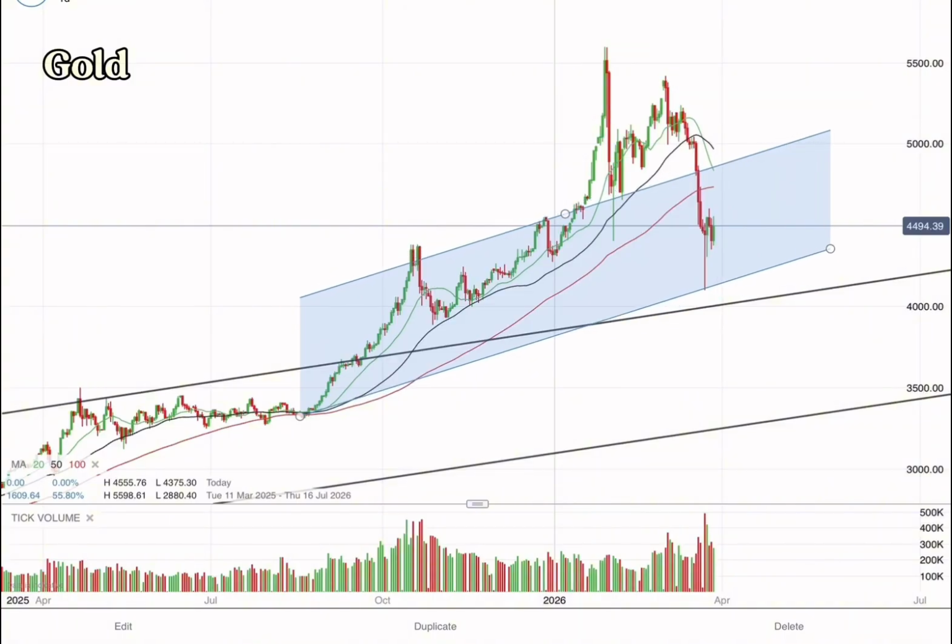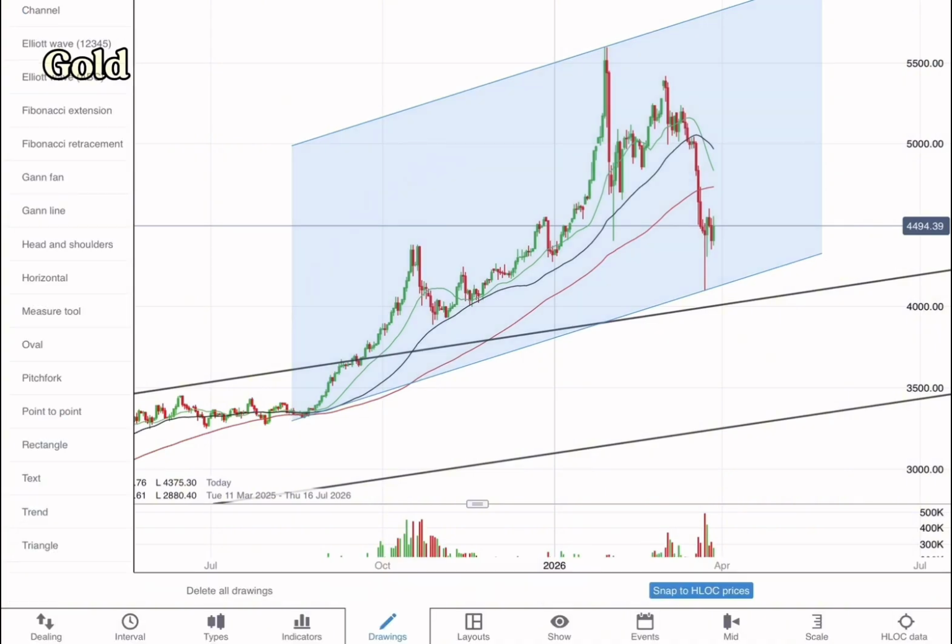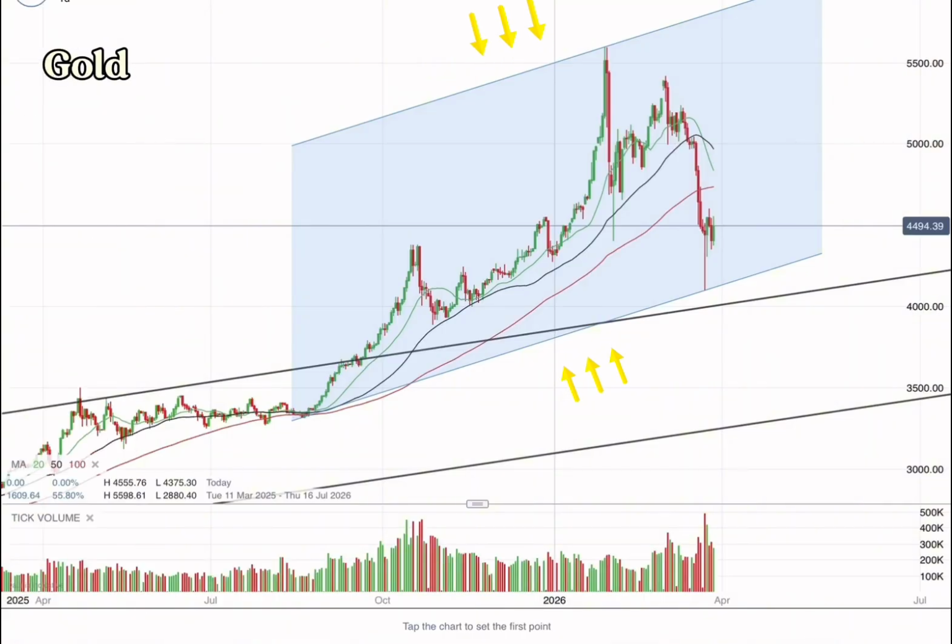So I'm going to do a channel here, because I can see the channel potentially. Just see it takes to the very top. So that gives me an indication that you've got a bottom and then a top and then another bottom. So it's recently just come off the bottom.